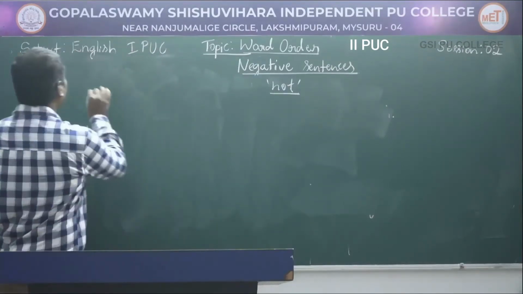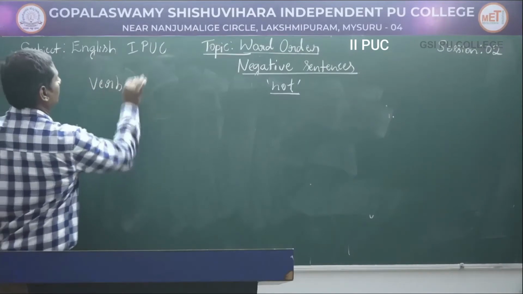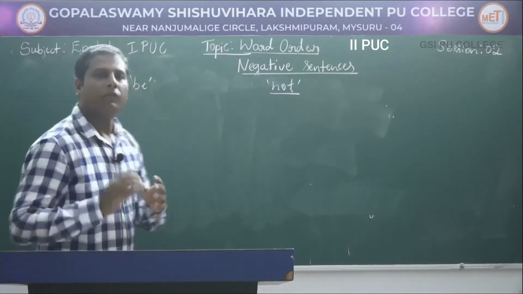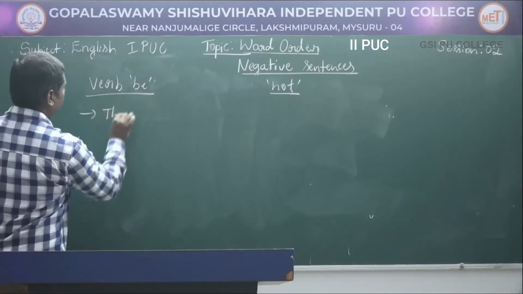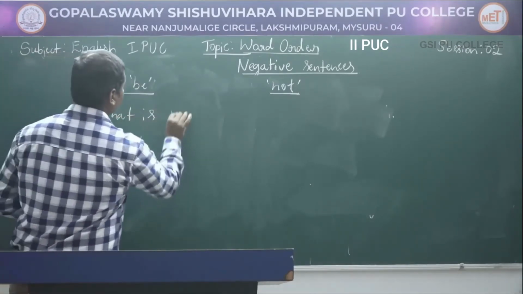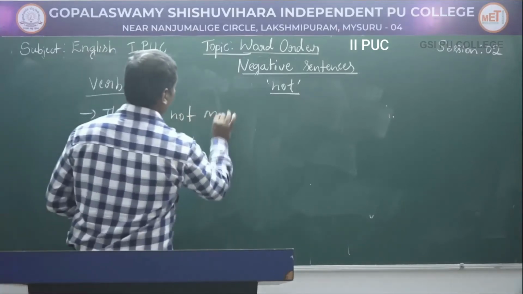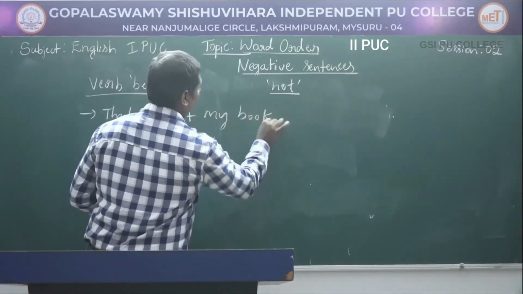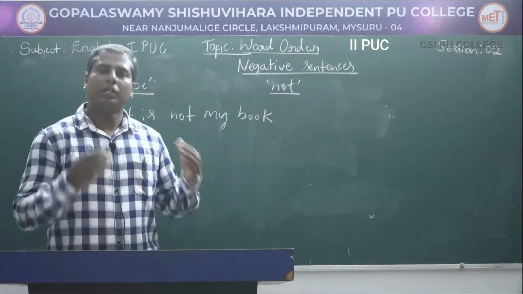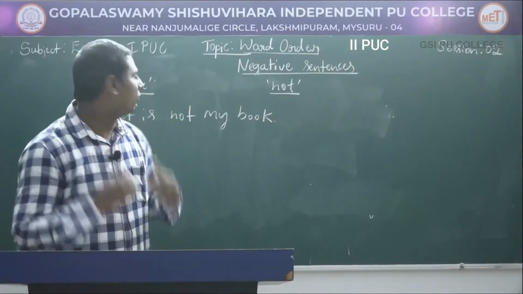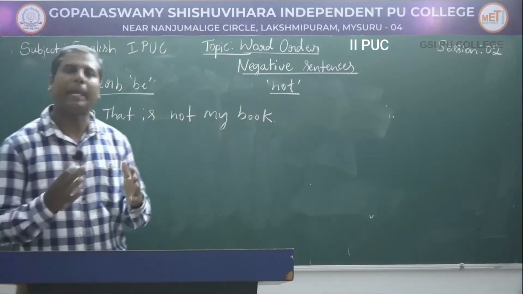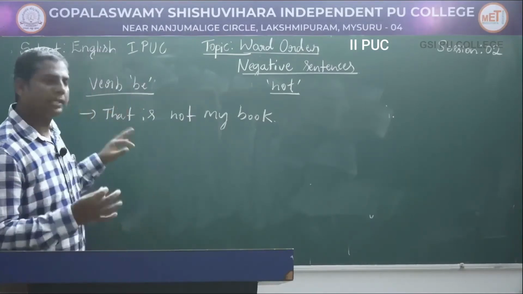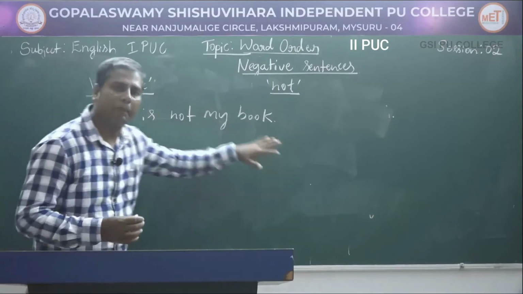And the word not can also be a part of verb be. For example, that is not my book. So the word not can also be a part of verb be when verb be is used as the main verb. So here is the sentence, that is not my book.